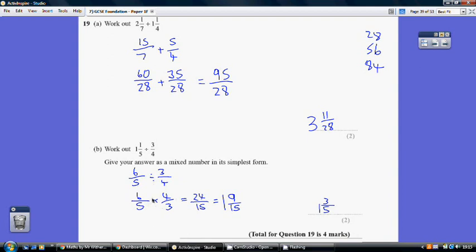Now that you've changed it into a timesing, this is the easy one. It's just top times top and bottom times bottom. 6 4s are 24, 5 3s are 15. Now I've turned that into a mixed number, that's 1 and 9/15, and then I've simplified it to 1 and 3/5.